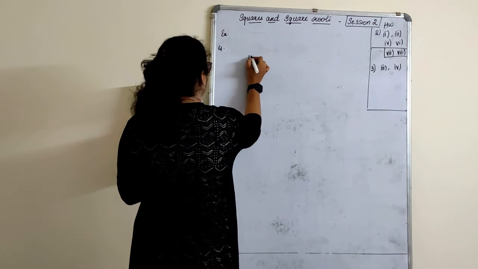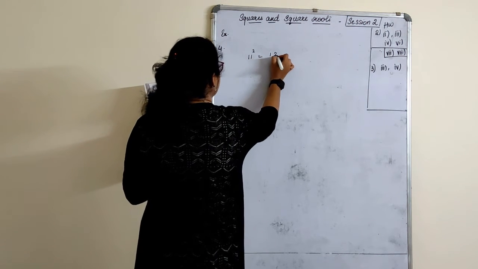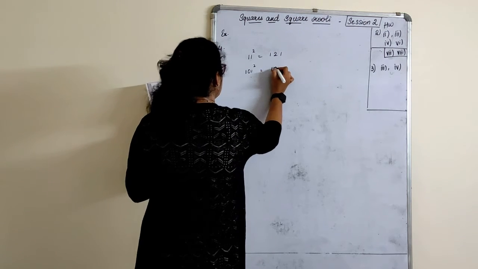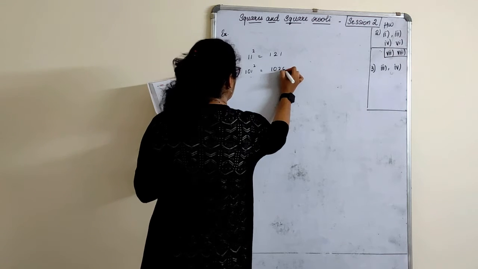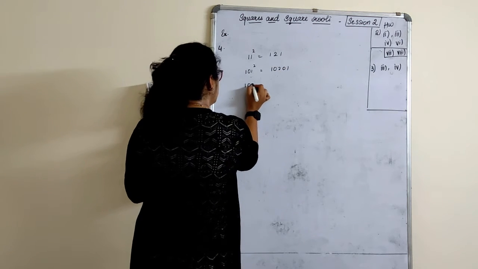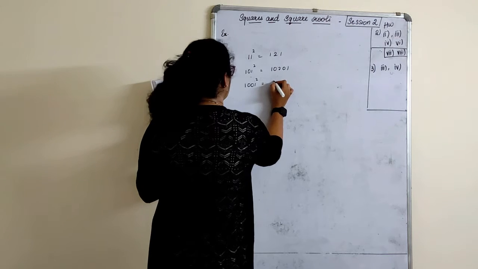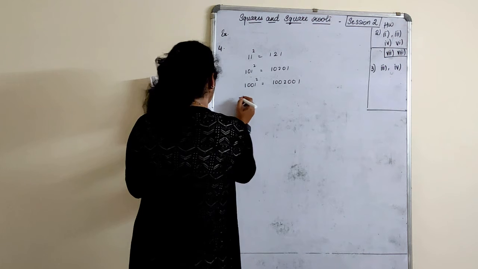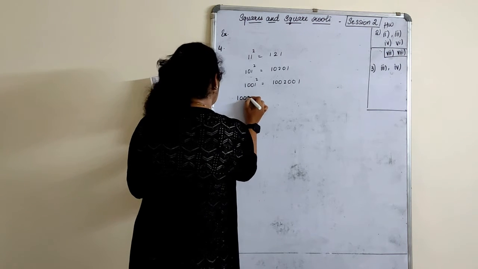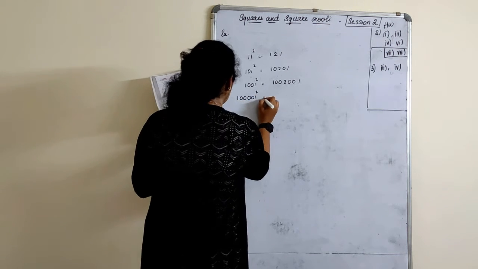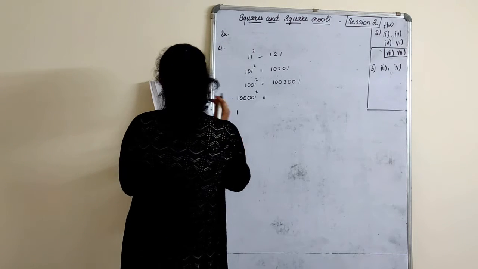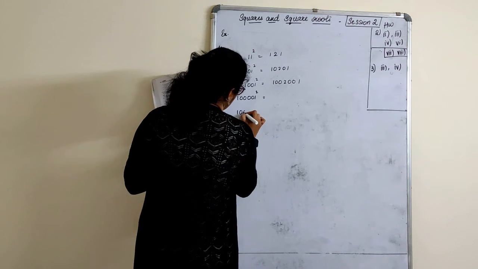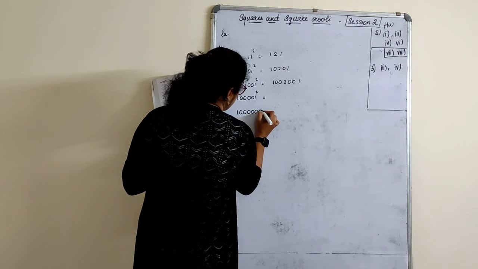The first is 11 square is 121. 101 square is 10201. 1001 whole square is 1002001. Next they have given 1120341 whole square is equal to, and 1, how many zeros? 1 2 3 4 5 6.